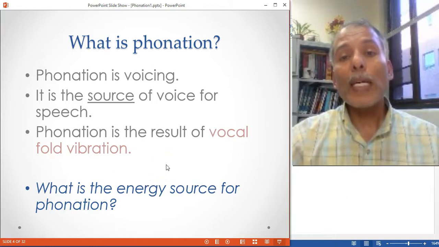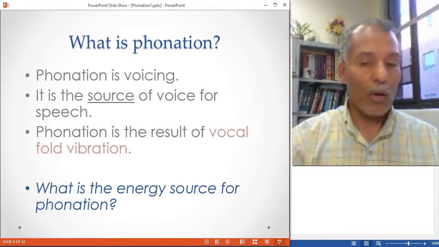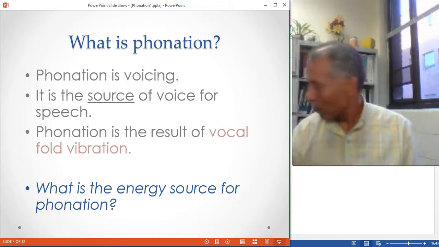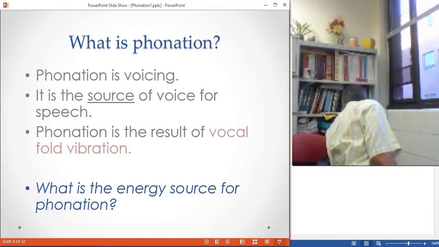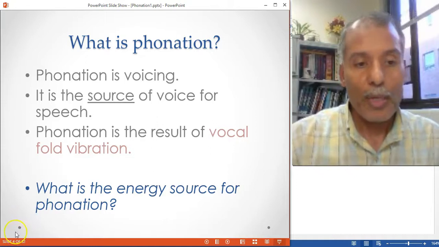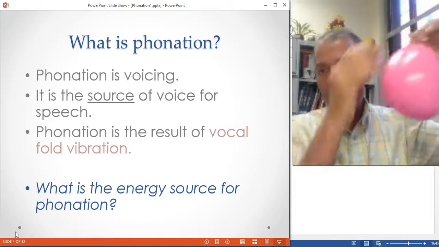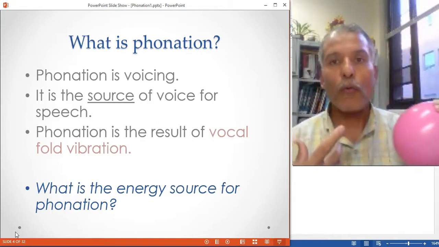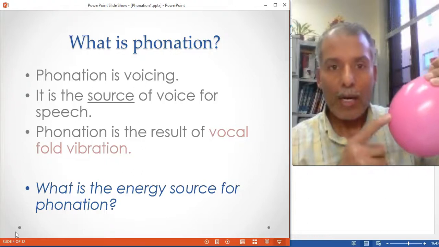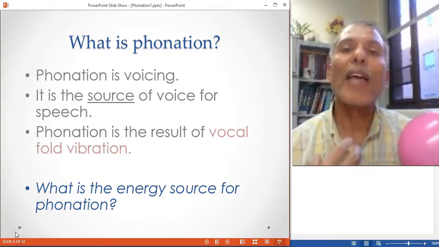So what is the source of energy that generates phonation, that generates a sound? I'm going to demonstrate for you with this balloon. So basically, you have a balloon, you have air. The energy source for your phonation is the air that your respiratory system enables you to get in, the air that you have inhaled.